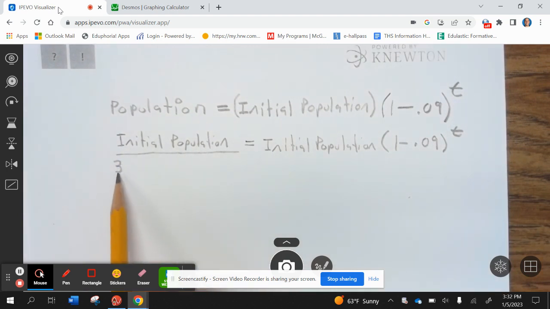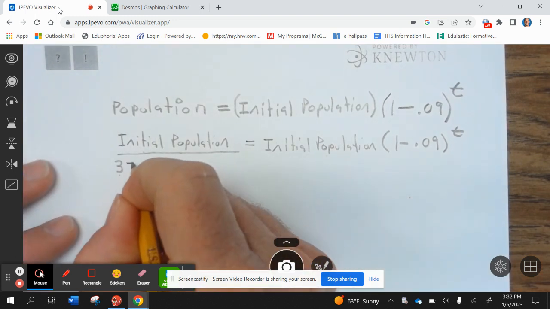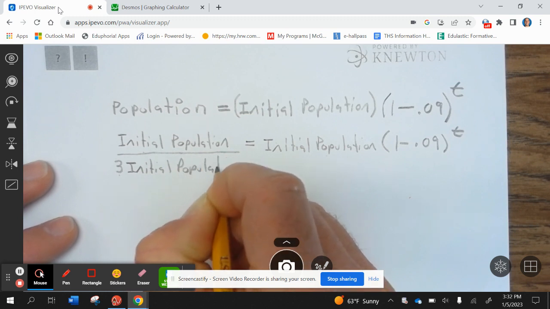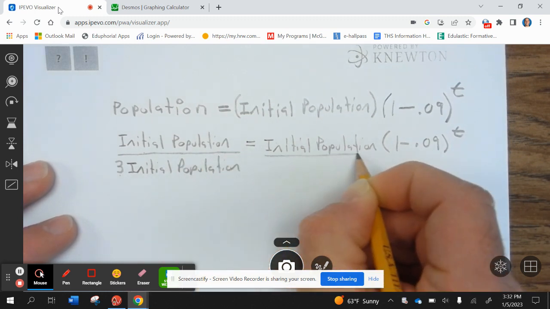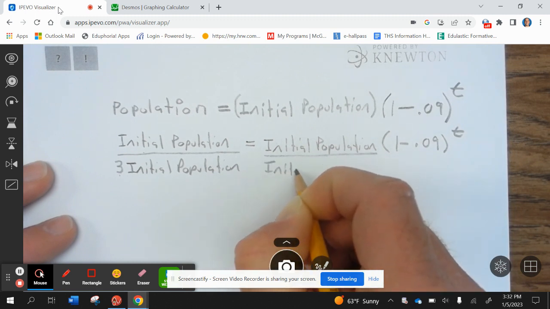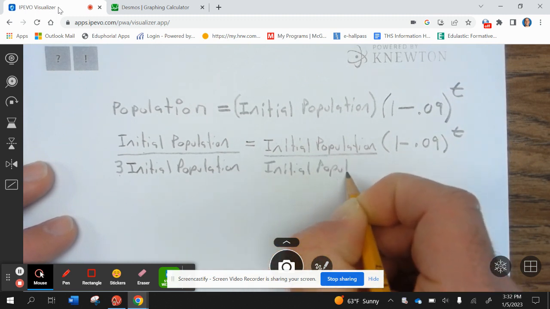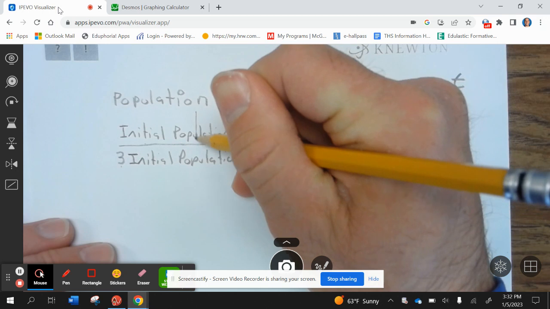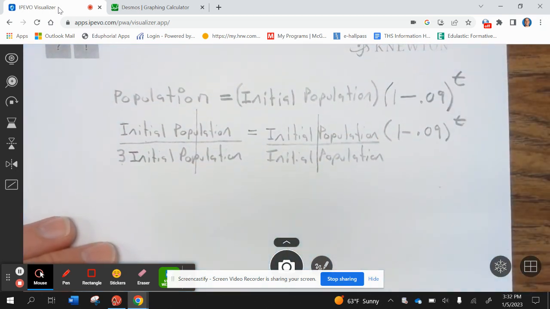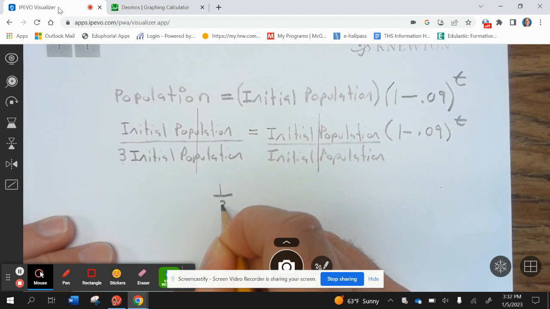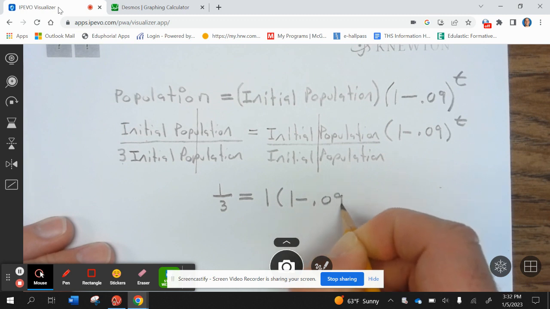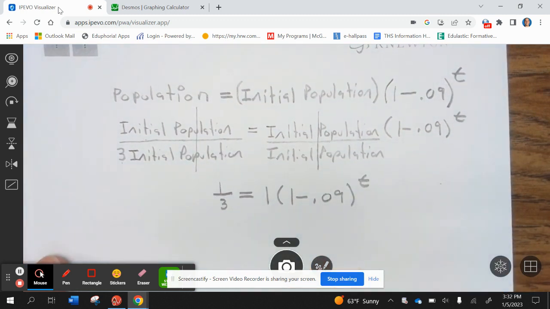The reason I put the divided by 3 at the end is because we need to divide both sides by the initial population. Anything divided by itself is 1. So you have 1/3 equals 1 times (1 minus 0.09) to the t.